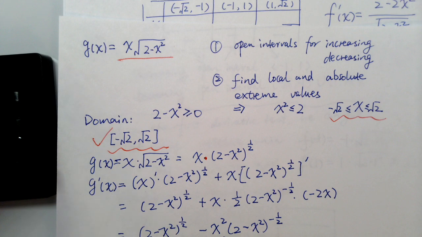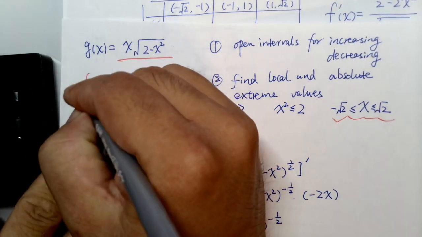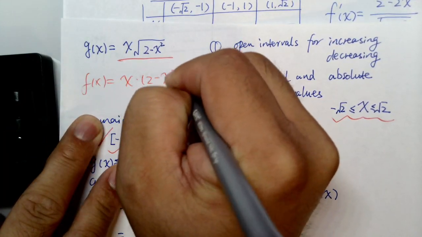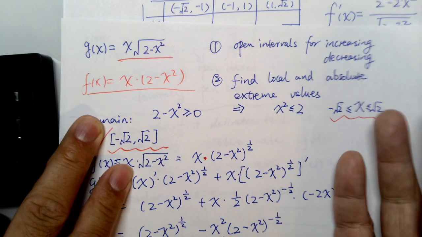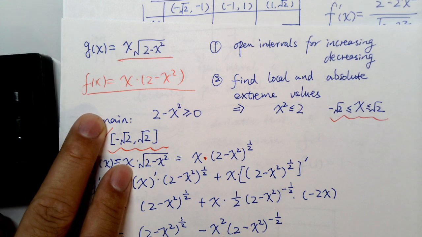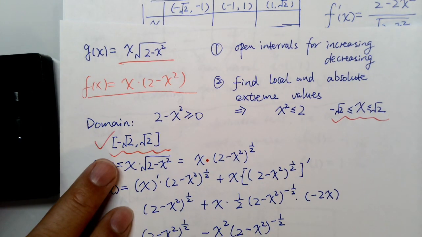Well, normally if the function is a polynomial, for example, f of x is x times 2 minus x squared, then the domain is always all real numbers. So it includes everything.